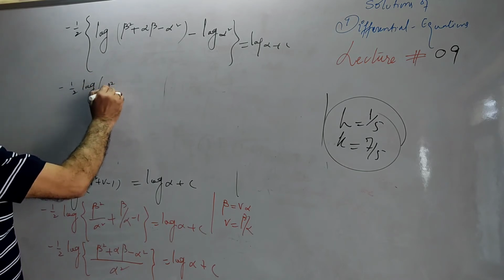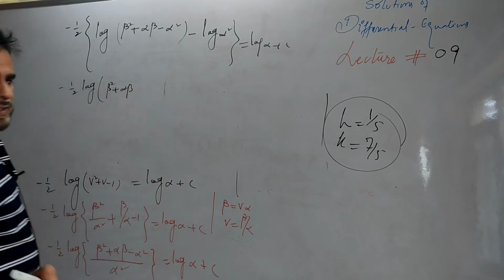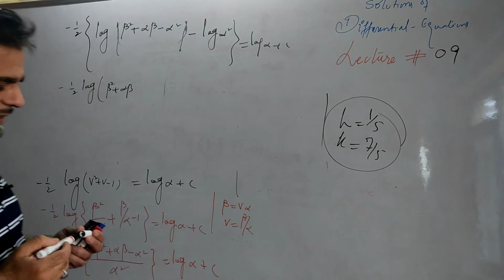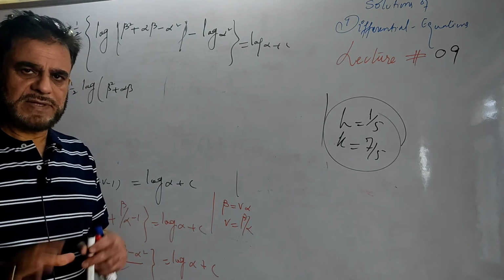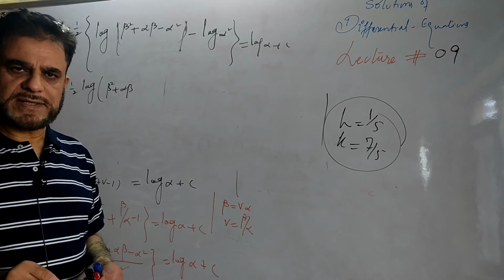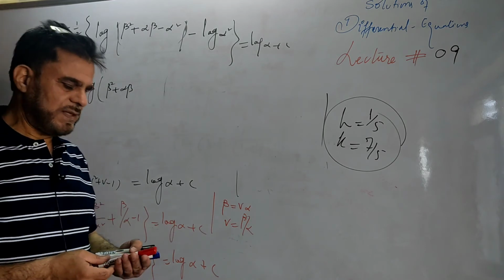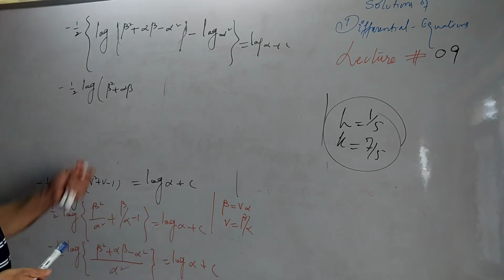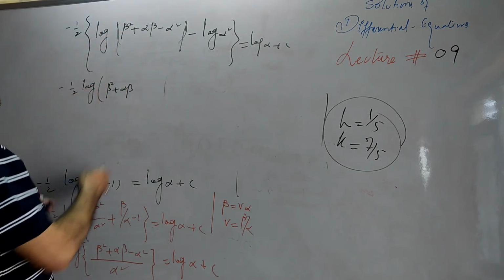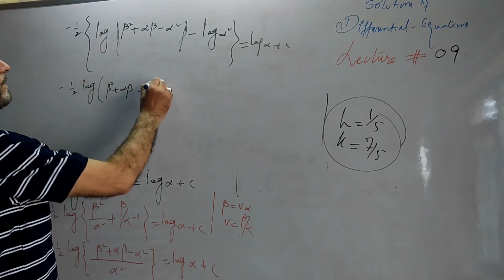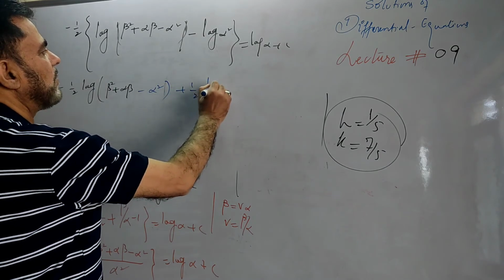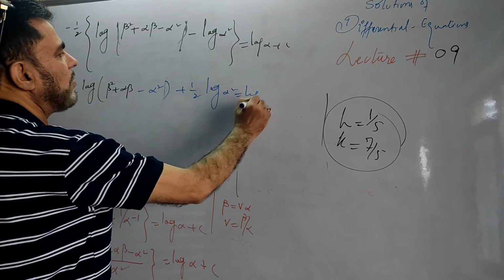Actually you know that this is in modulus here. We write log with modulus in integration because we are dealing with real analysis. Suppose we have the integral of 1 by x dx, we actually write log of mod x in real analysis. So you can take the modulus. Taking minus common here, this is minus alpha square, then plus 1 by 2 log of alpha square is log alpha plus c.